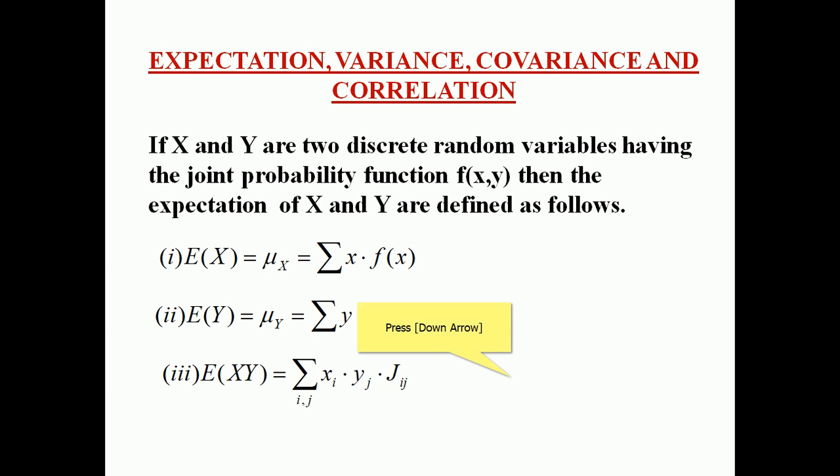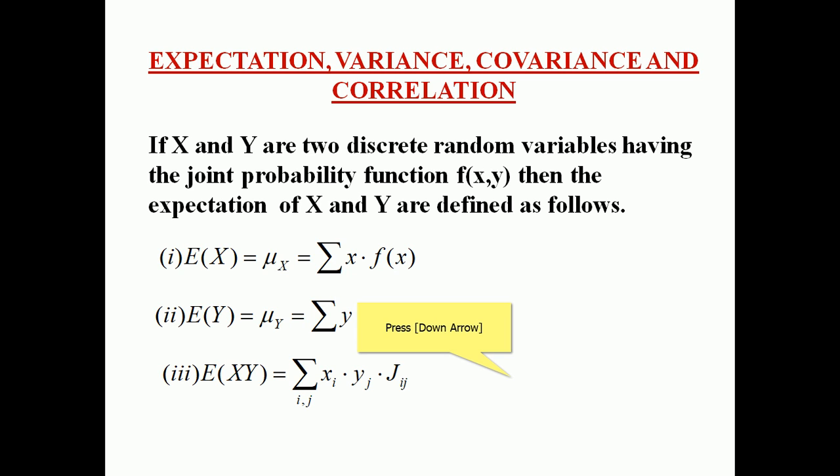Now, expectation, variance, covariance and correlation. If x and y are two discrete random variables having the joint probability function f of x comma y, then the expectation of x and y are defined as follows. Expectation of x is nothing but the mean value of x, that is equal to summation of x into f of x.